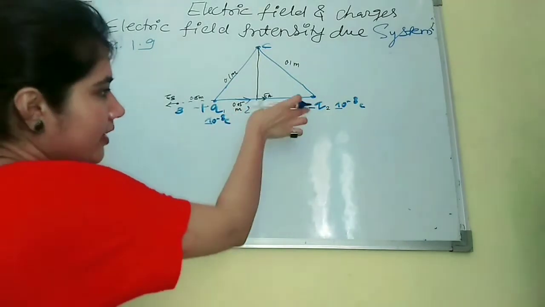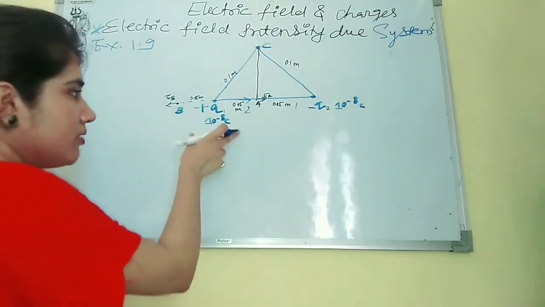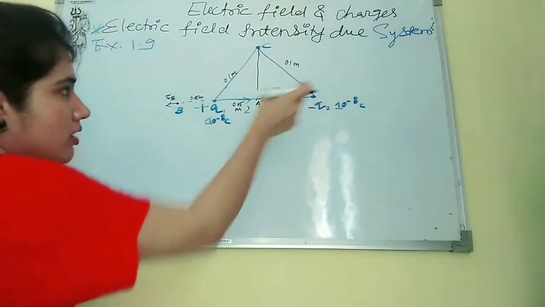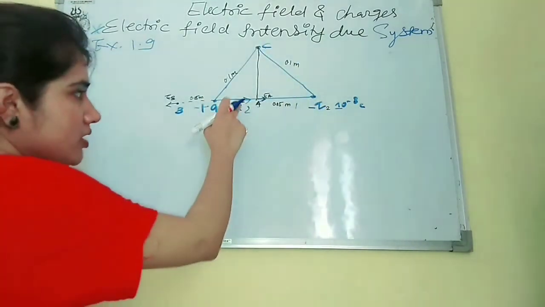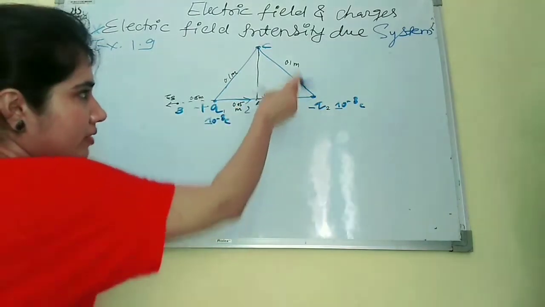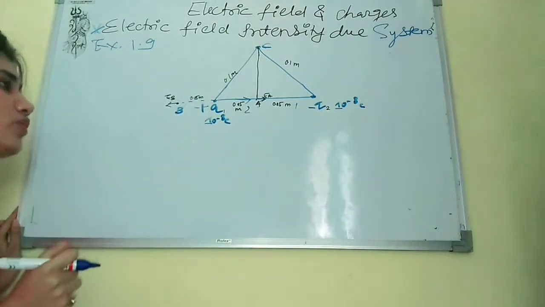Suppose the value of charge is given as 10 to the power minus 8 coulomb, and the distances are also given: 0.05 meter, 0.1 meter, 0.1 meter, and 0.05 meter.